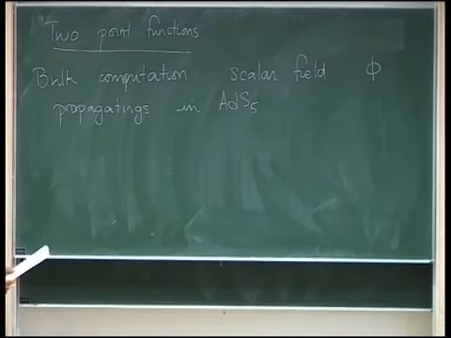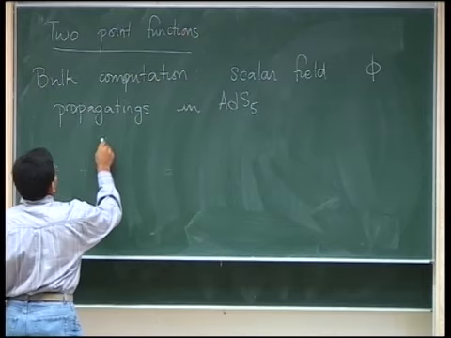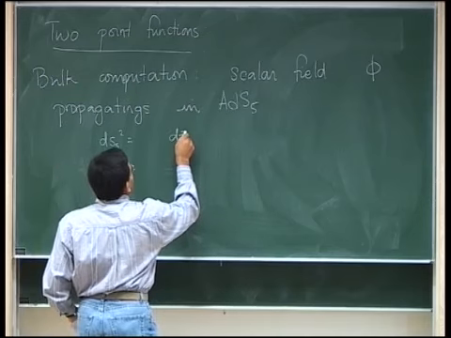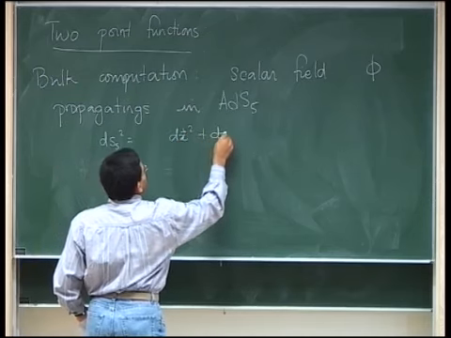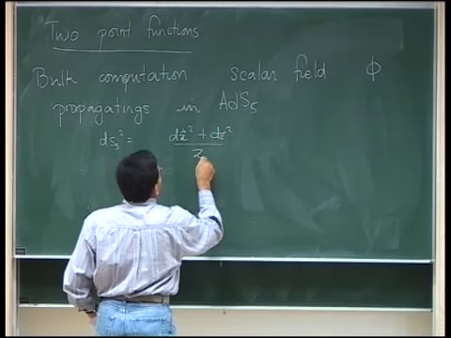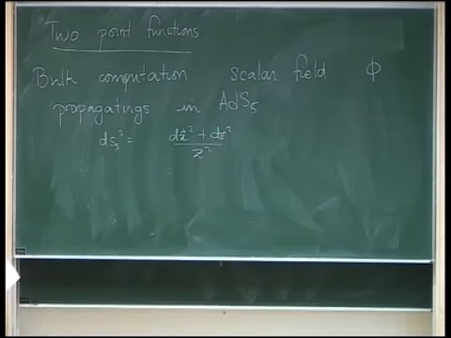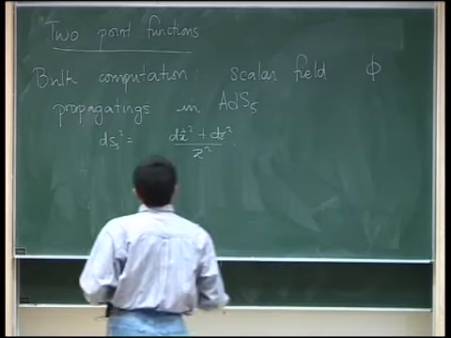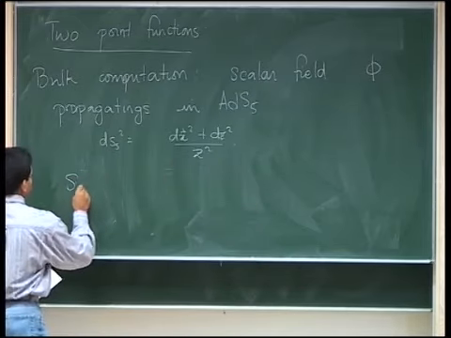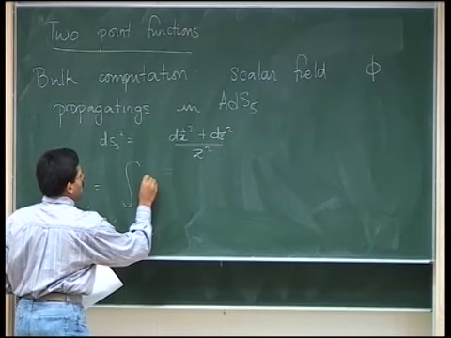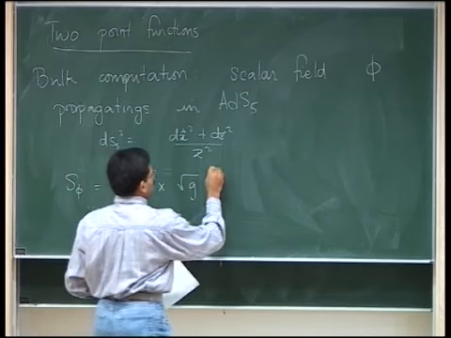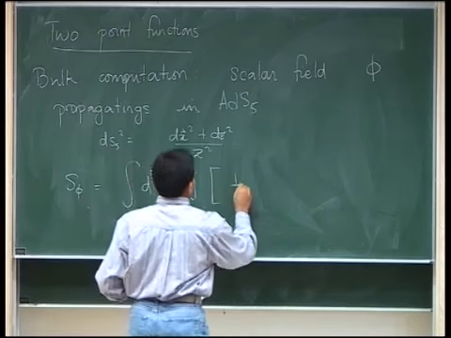Okay, and I'll choose my metric for AdS5 to be the Euclidean metric in these coordinates, the Poincare coordinates, and the action for the scalar field propagating in this background.